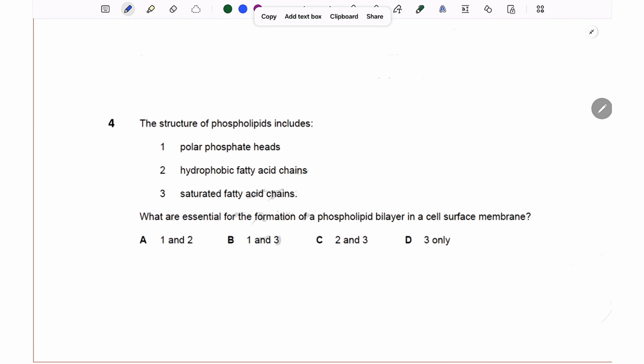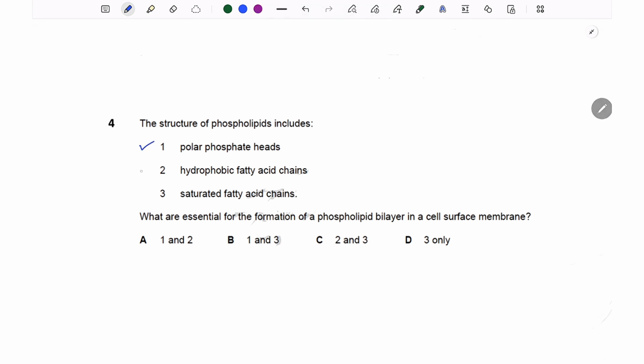It's going to have two fatty acids and a glycerol in the middle. Polar phosphate head, yes. Hydrophobic fatty acid chains, yes. But saturated fatty acid chains, that is not really the case since it's both saturated and unsaturated. So it's 1 and 2A.